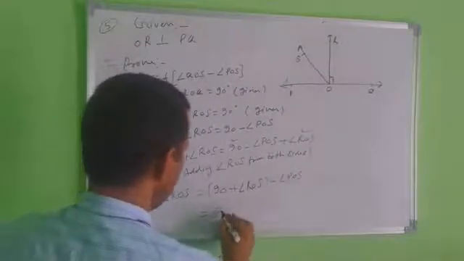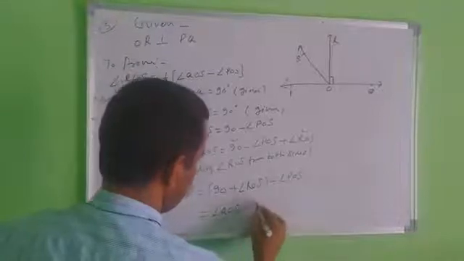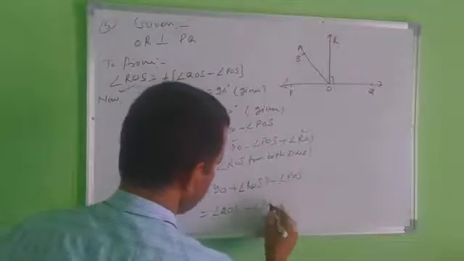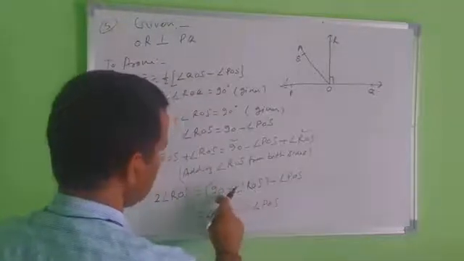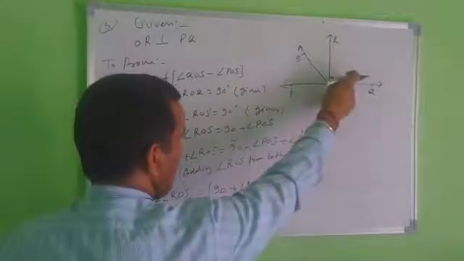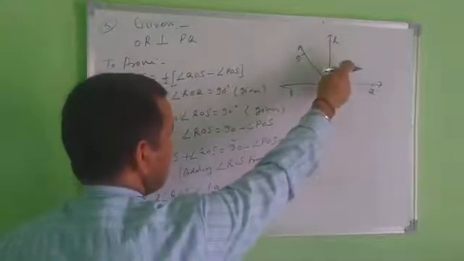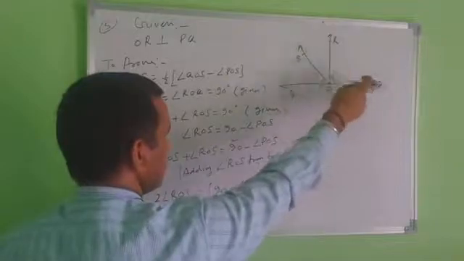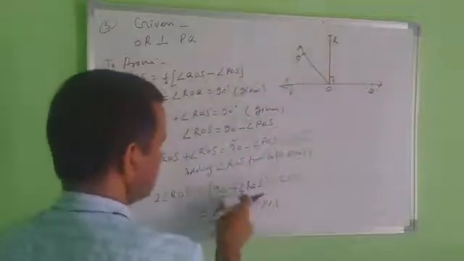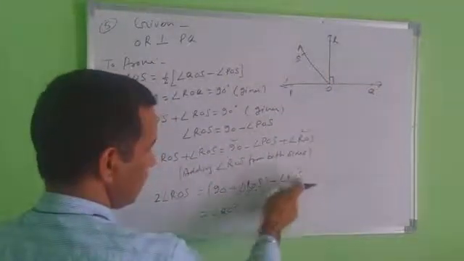The sum of both angles 90 and ROS is the total QOS.